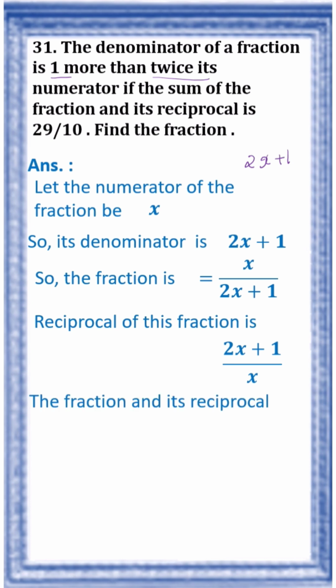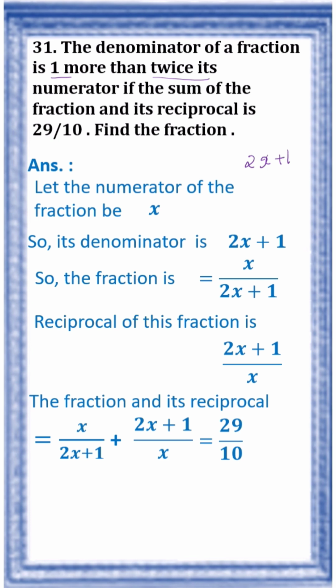According to the given equation, sum of the fraction and its reciprocal, x upon 2x plus 1 plus (2x plus 1) upon x is equal to how much? 29 by 10.